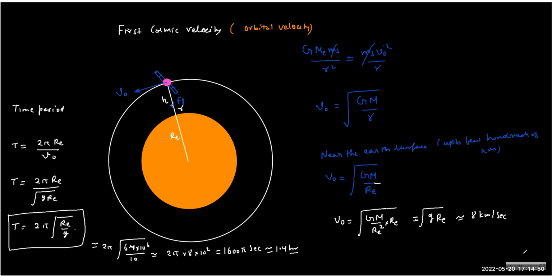Okay. So now you know that to take the weather forecast of the entire world, the satellite will just need 1.4 hours. That's it. Yes, sir. That's interesting. Okay, anyway, if this logic applies even above the Earth's surface, then what about the flight time, sir?